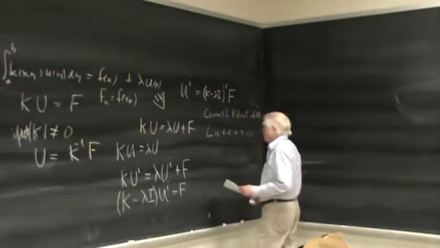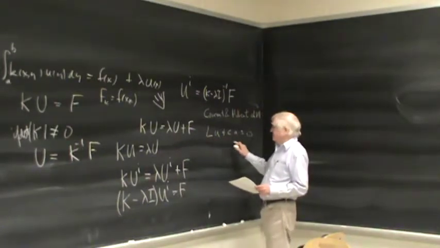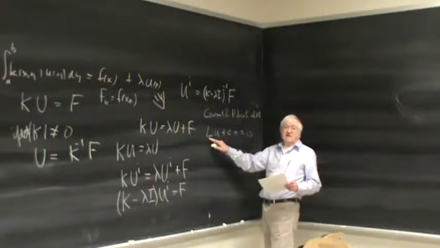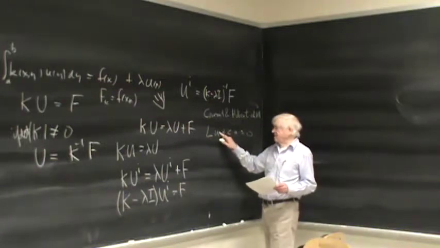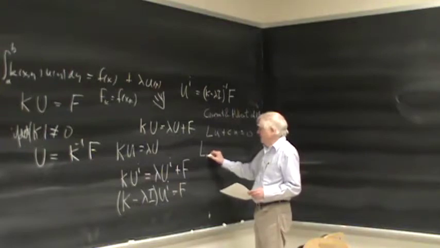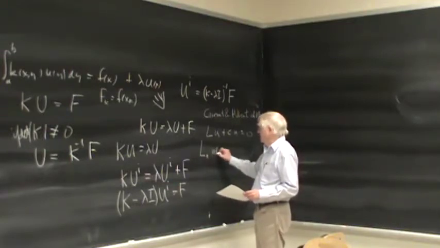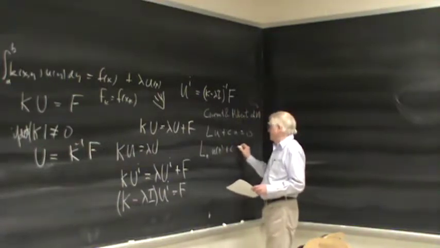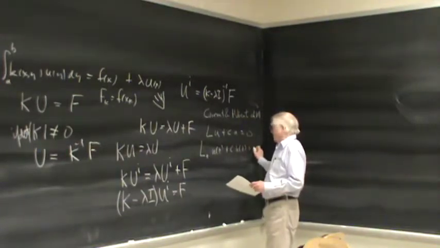So what we're going to do is generalize this to linear differential operators that involve derivatives with respect to a complex parameter, and U is a function of Z. So this will be L sub Z, meaning differentiate with respect to Z, plus C, U of Z is 0.